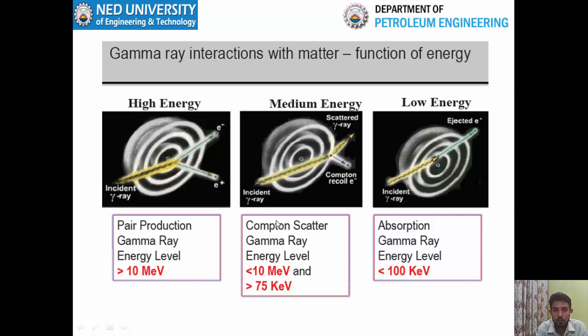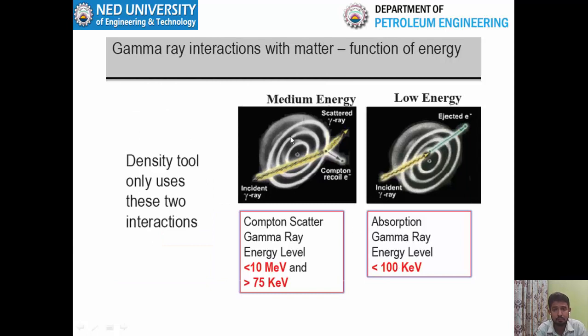Compton scattering occurs at the medium energy level, when the energy is higher than 75 kilo electron volt but lower than 10 mega electron volt. At low energy level you have absorption, which is called the photoelectric absorption, and this phenomenon occurs at energy less than 100 kilo electron volt.